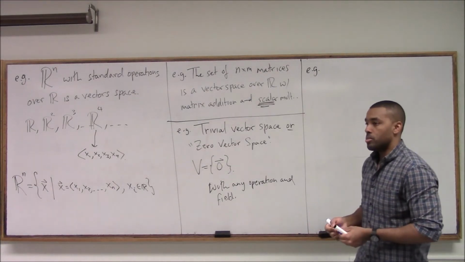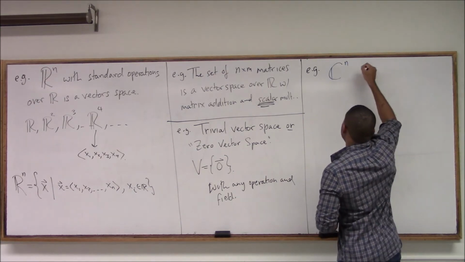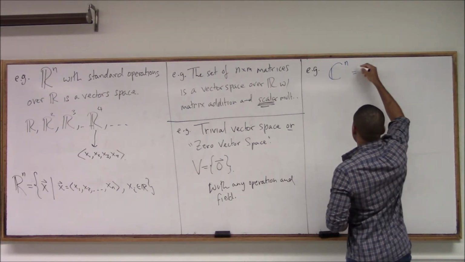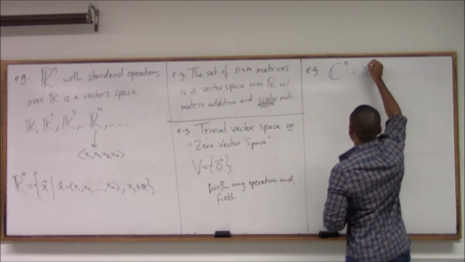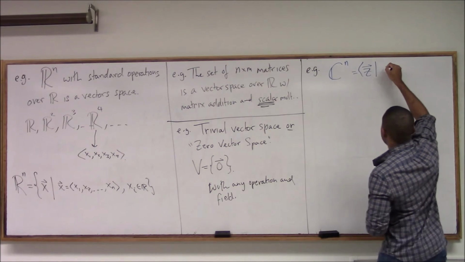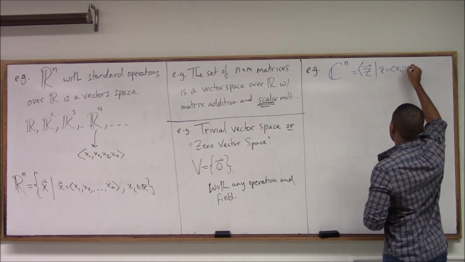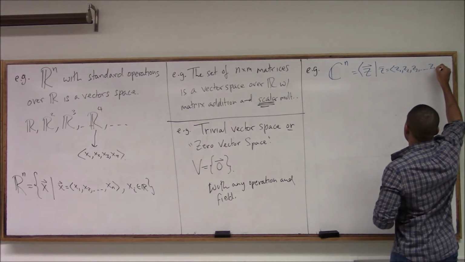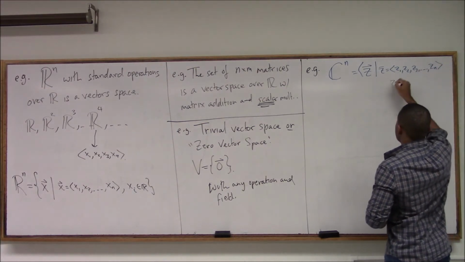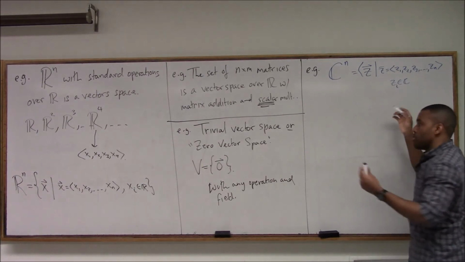Yes, the set of complex numbers is a vector space over R, so Cn. Right, so this is basically the set of all vectors that have components z1, z2, z3, all the way up to zn, such that each zi is a complex number, meaning it looks like a plus ib.